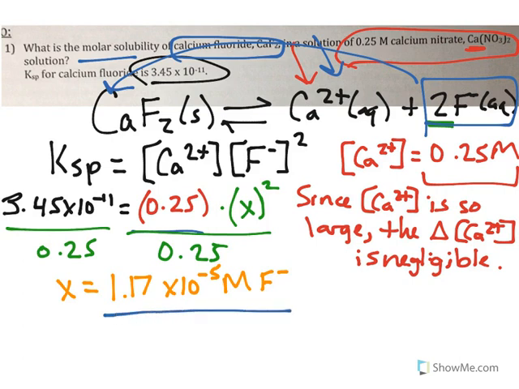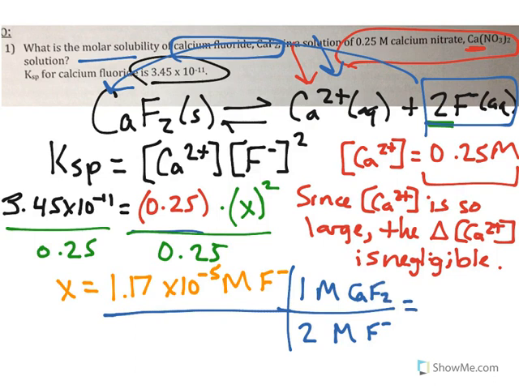So we're going to use those mole ratios here. For every 2 molar fluoride ions, I only have 1 molar calcium fluoride dissolving. So actually I need to divide this number by 2, and that will find me a value of 5.87, sorry, I'm out of room, times 10 to the negative 6th molar CaF2. That is the maximum amount of CaF2 that will dissolve in 1 liter of water.